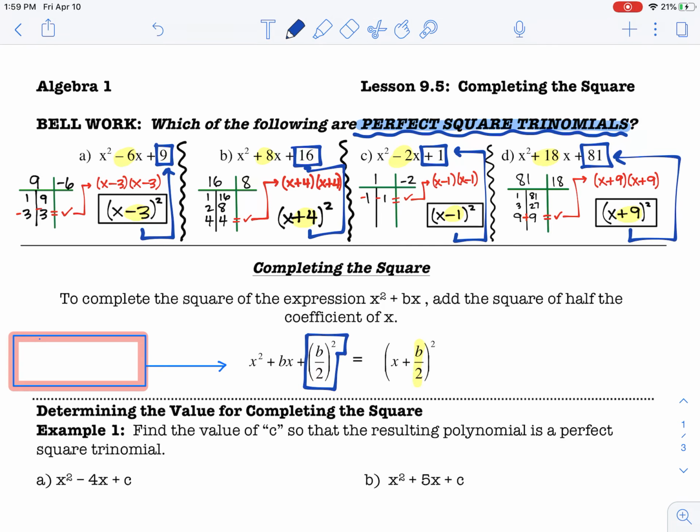So even though this method is called completing the square, the last steps to solving it are using one of the other methods we have already covered.